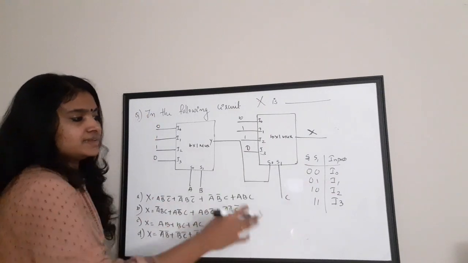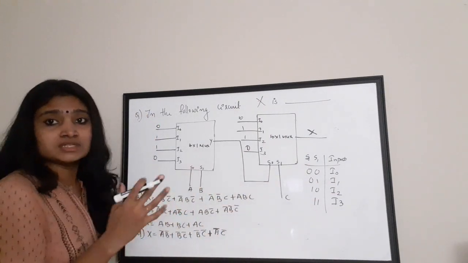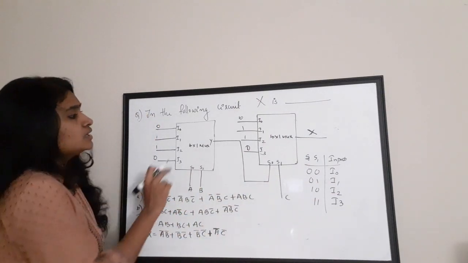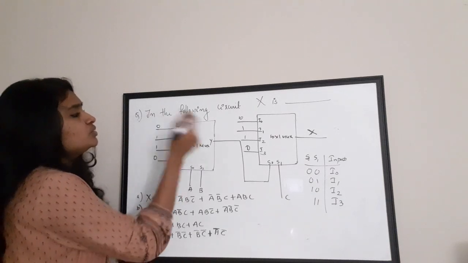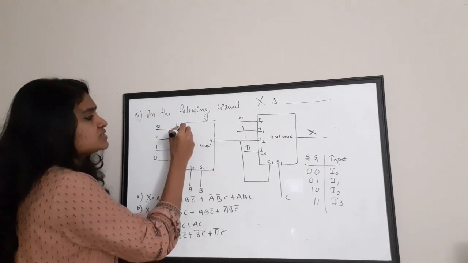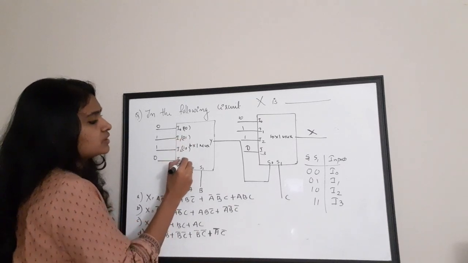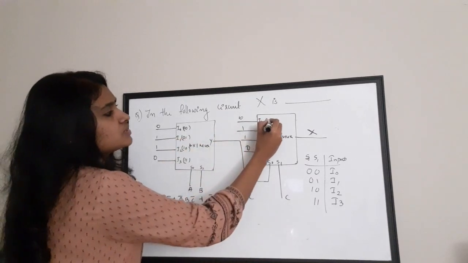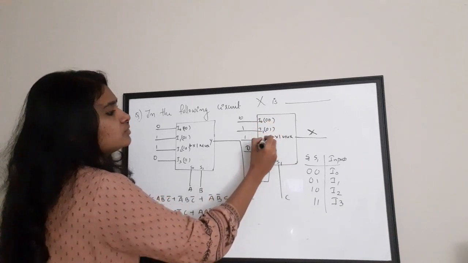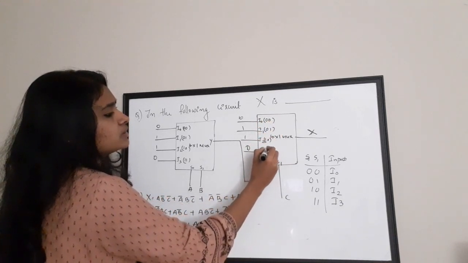That is, the I3 is selected if the select lines are 1, 1. Likewise, a 4:1 mux is working, right? So, these inputs are corresponding to 0, 0 select line, 0, 1 select line, 1, 0 select line and 1, 1. Here also 0, 0, 0, 1, 1, 0 and 1, 1.